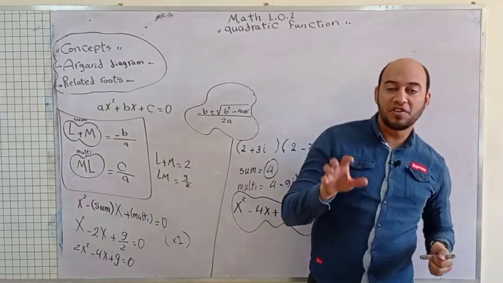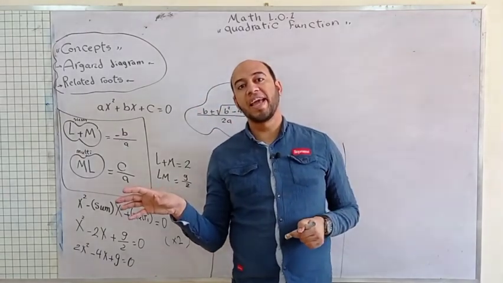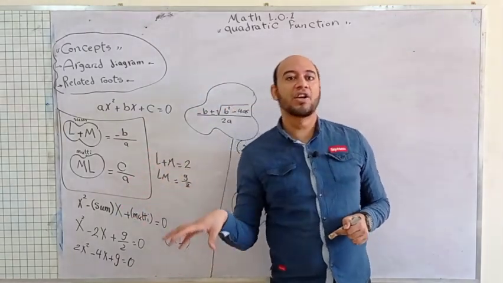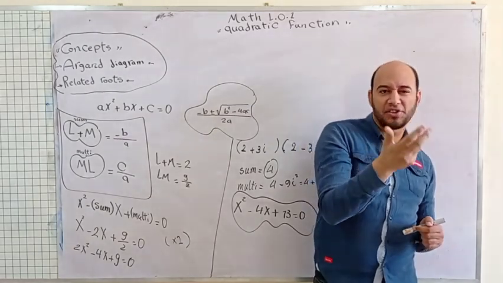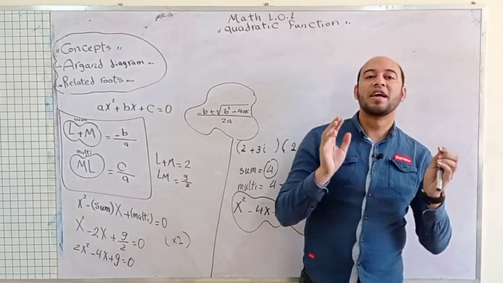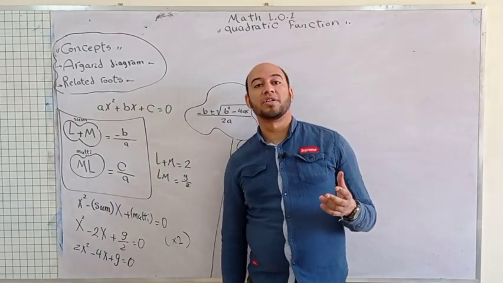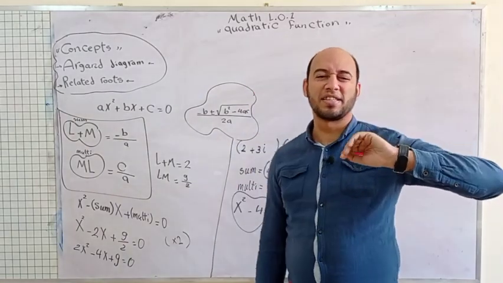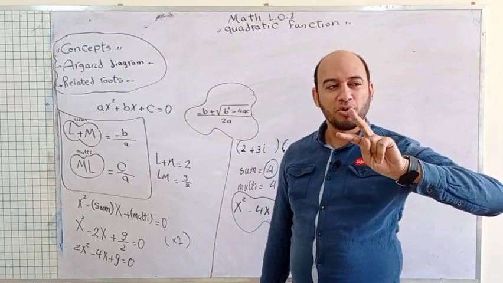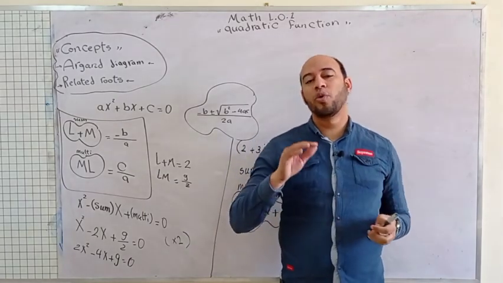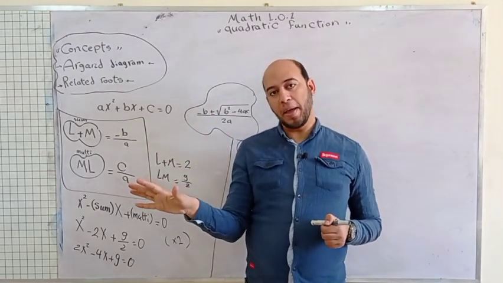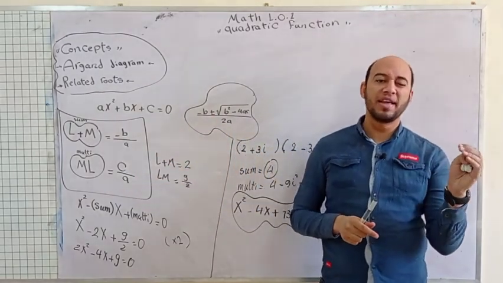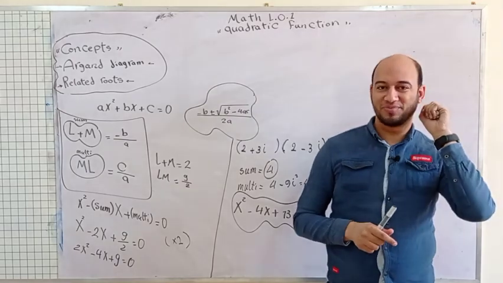Then, if the first equation roots are m and l, the second equation roots will be m plus 3 and l plus 3. If the new equation's roots are less than the previous roots by 2, then we will suppose that the first roots are l and m, and the second roots will be l minus 2 and m minus 2.